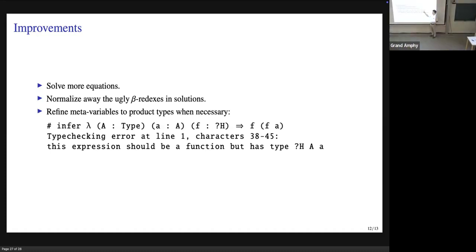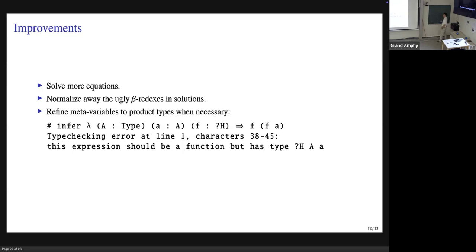So when you look at f of A here, you will say, oh, the product, let's see, bidirectional type checking. What will it do? It will do the following thing. We have to infer the type of A. The first step is you look at F and you infer its type to be a product.